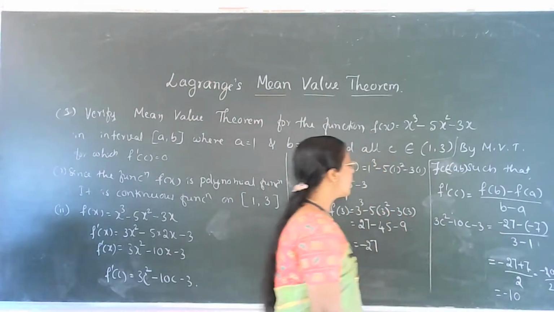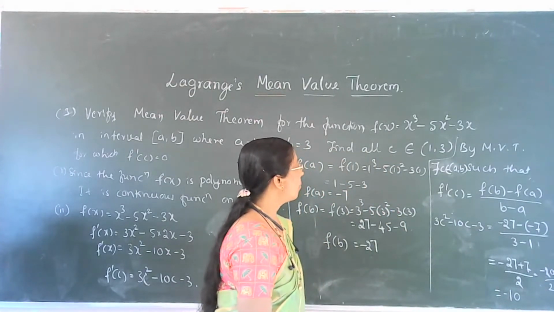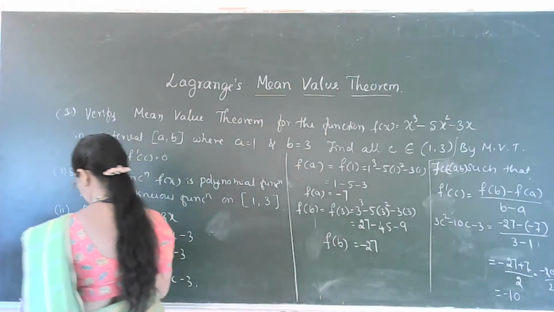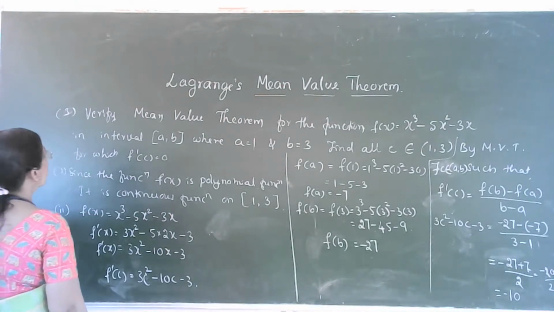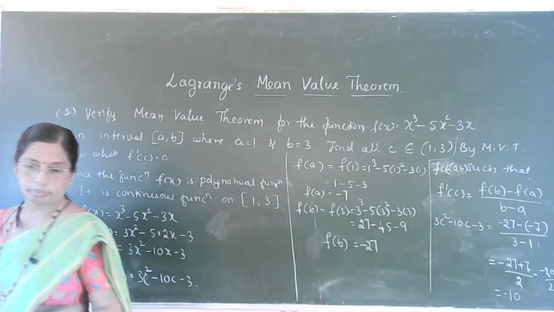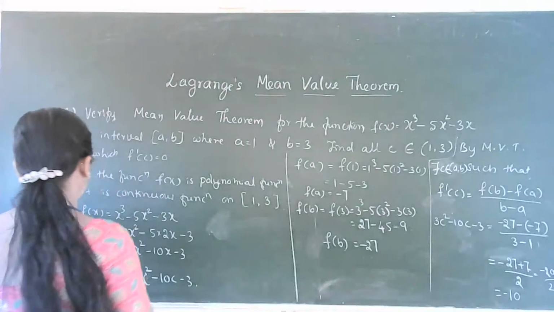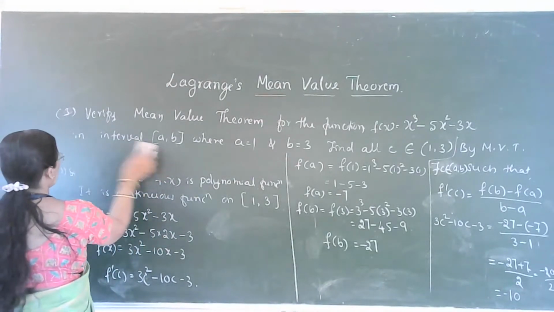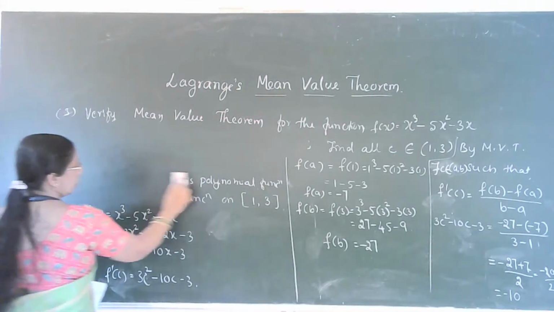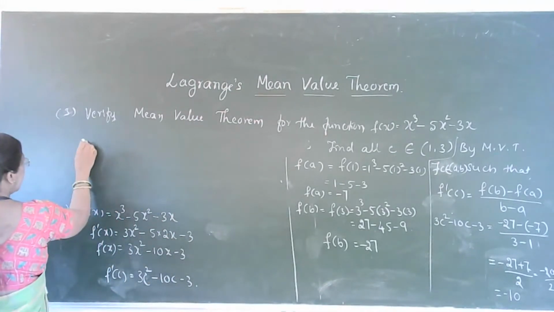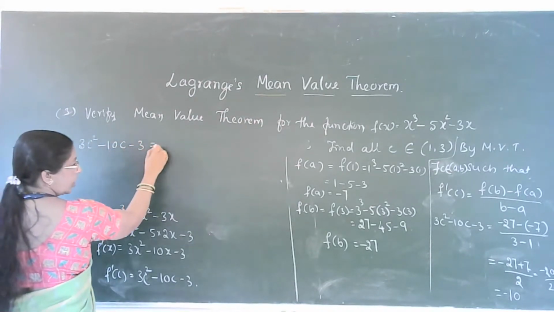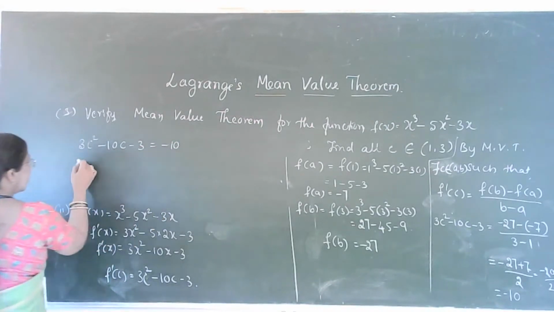Here the LHS is 3c square minus 10c minus 3. We equate these, and we get 3c square minus 10c minus 3, which is equal to minus 10.